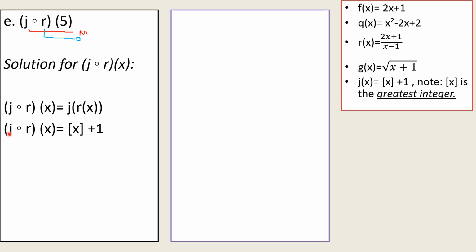First, let us write the value of the main function. The value of the main function would be the bracket x plus 1, the greatest integer of x plus 1. Okay? After we write this expression, next, we replace the x here in our main function with R. That is why it became like this. The bracketed x here will be replaced by R, which is 2x plus 1 over x minus 1.